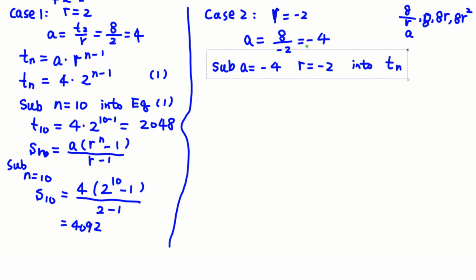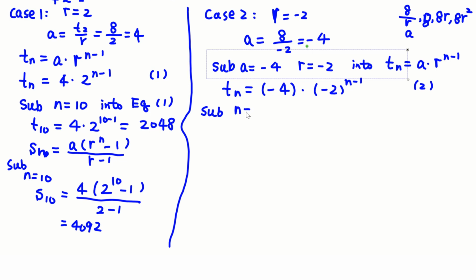T sub n equals a times r to the exponent n minus 1. So T sub n equals -4 times -2 to the exponent n minus 1. This one we call equation 2. Then we just repeat all the calculations into equation 2.